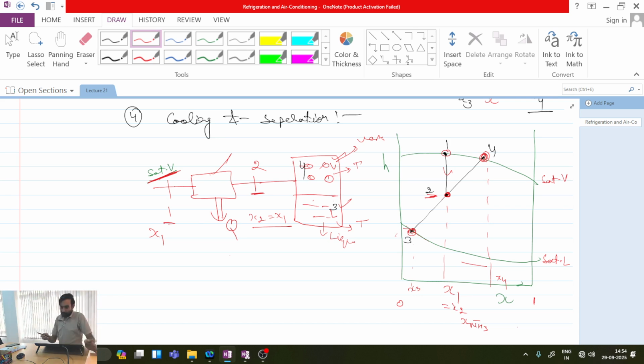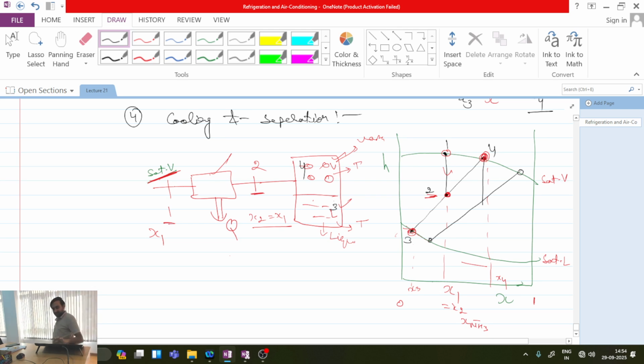Now what should I do? I have gone to this, then I am at point 4. From point 4, if I again do a next cycle of cooling and separation, what will I get? In vapor I will have a composition towards the higher side, and in the liquid the composition will again be on the lower side.